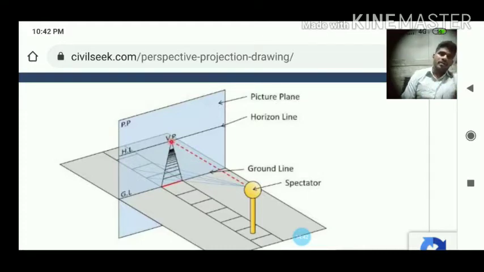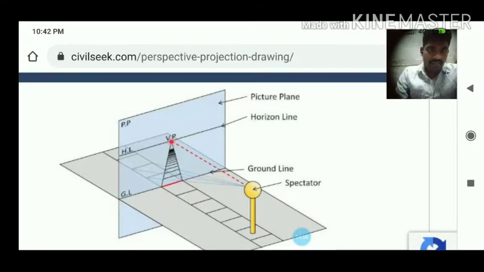The actual object is very far away, and you draw the picture. You see, it looks very small.